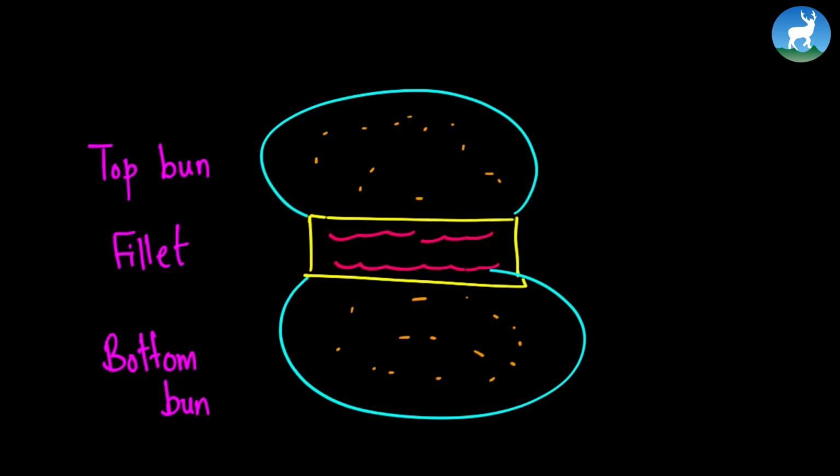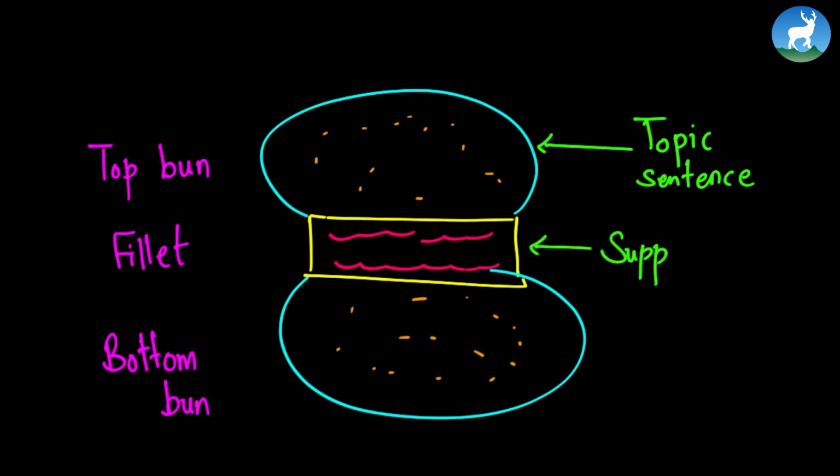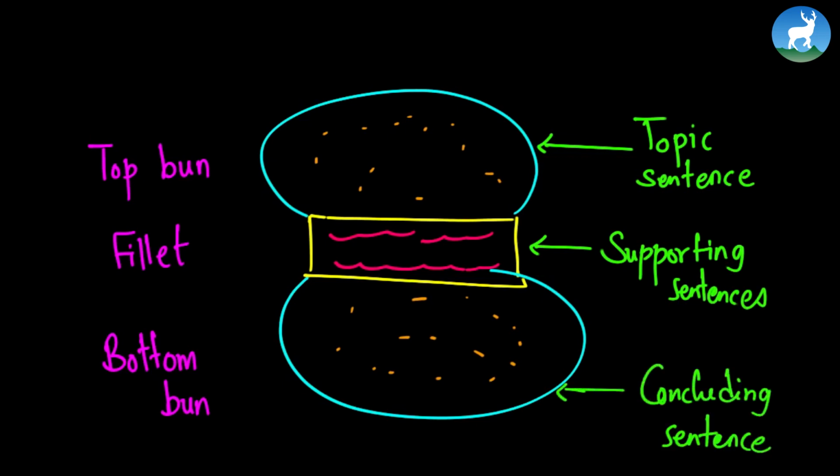Okay, now this top part is what we call the topic sentence, which is the first sentence in any paragraph, and this middle part is what we call the supporting sentences, and the last part is what we call the concluding sentence. So a paragraph is going to have certain elements: a topic sentence, the supporting sentences, which is the meat part, the main part, and finally the end part, which is the concluding sentence.